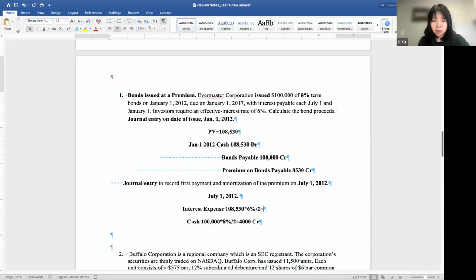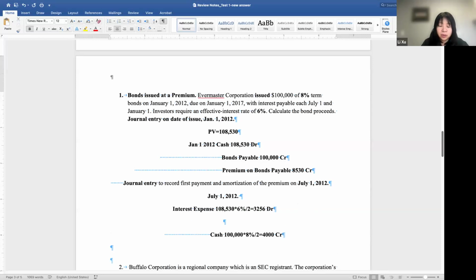A quick calculation gives you 3,256. If you understand what it is, you don't actually need an amortization table. And now you have a difference. The difference just goes to the premium.